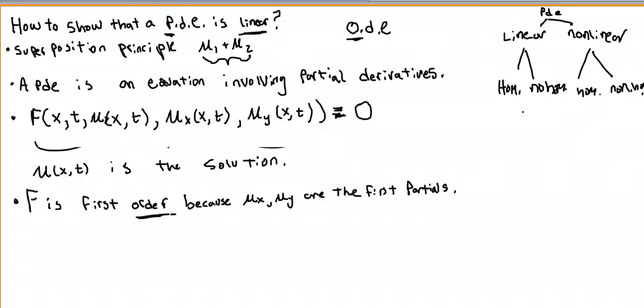We have order, so it'd be first order, second order, and so on. And same with this, these nonlinears can be multiple orders. So this is just a classification of small details of a PDE.